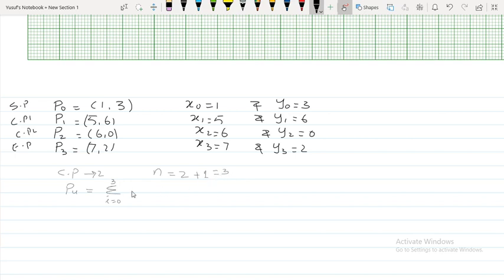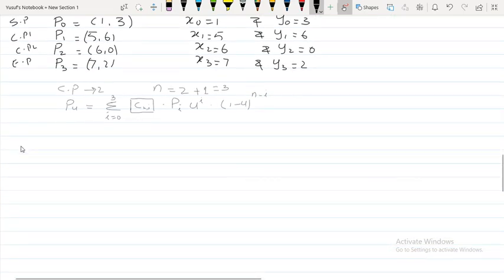The value of n is 3. So here the constant C(n, i) multiplied by P_i, u raised to i, and (1 minus u) raised to n minus i.